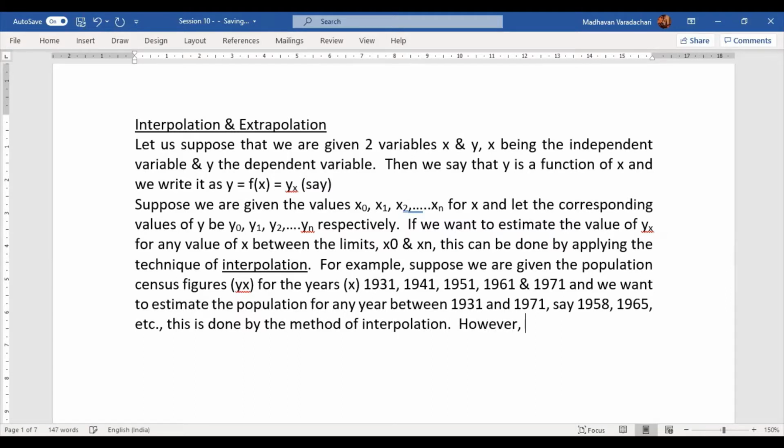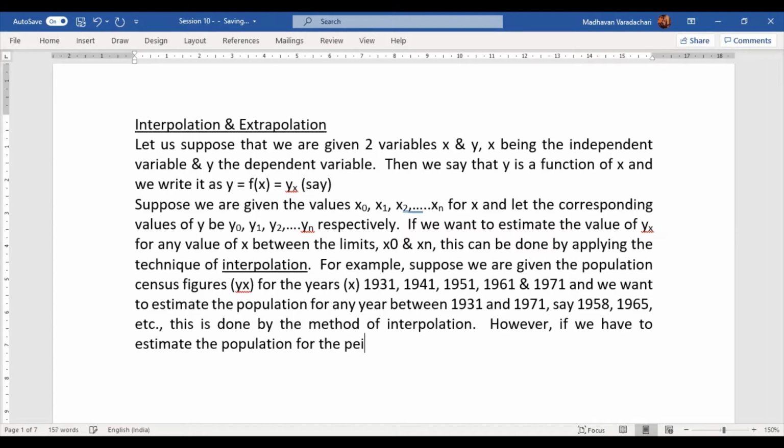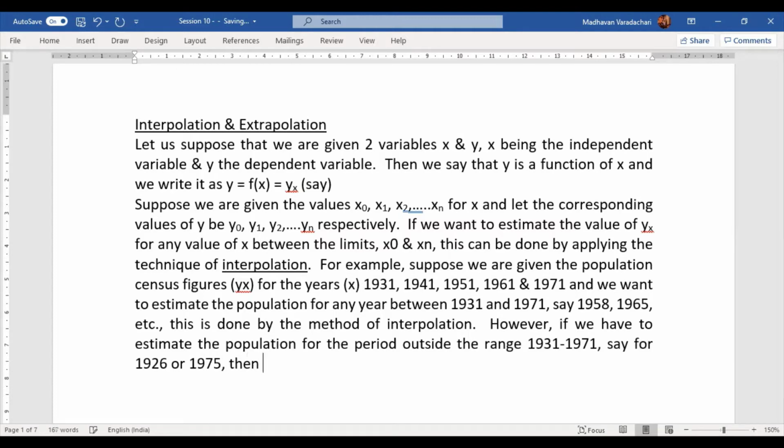However, if we have to estimate the population for the period outside the range, here it is 1931 to 1971, say for 1926 or 1975, then the technique is known as extrapolation.